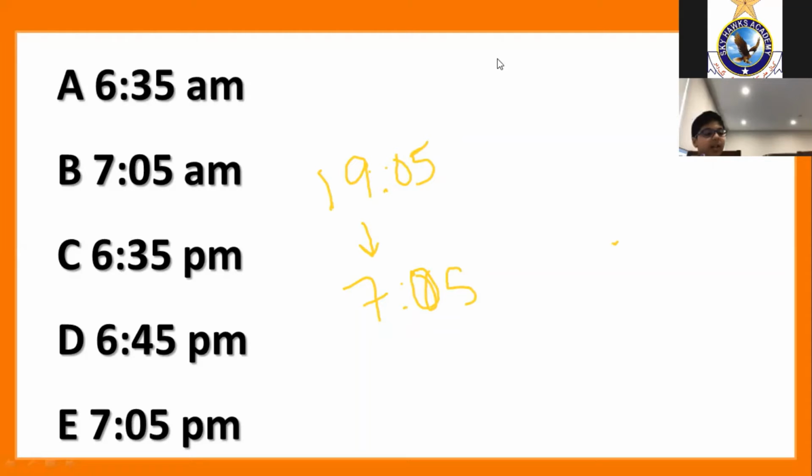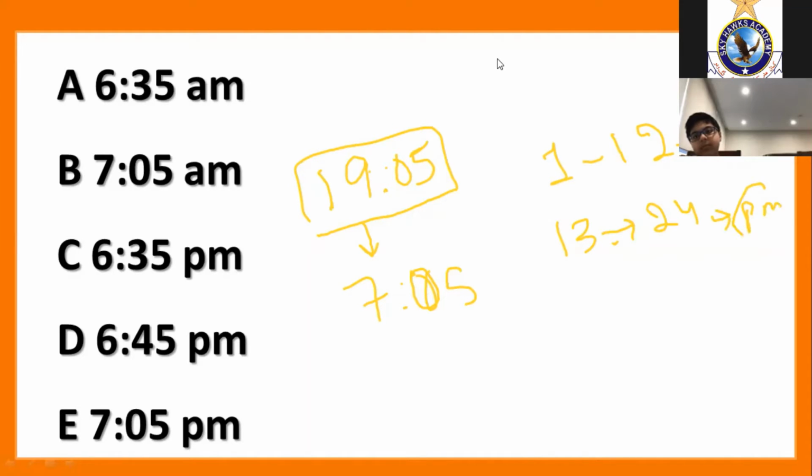Let me tell you. If we consider the 24-hour format, from 1 to 12 it is AM, and after 12, from 13 to 24, it becomes PM when converted into 12-hour format.